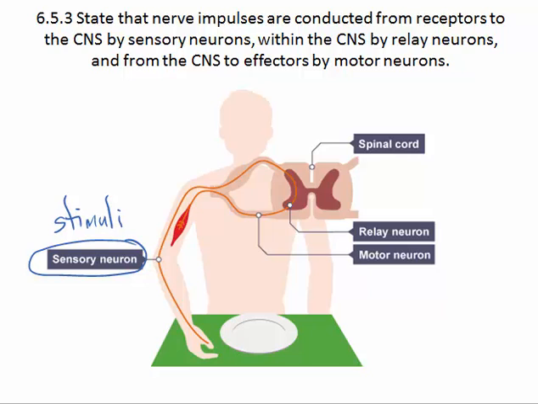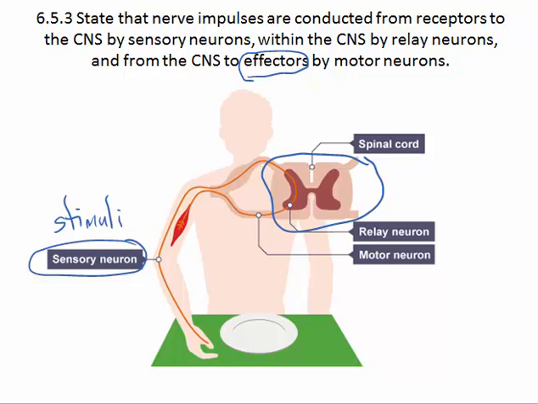That signal is being sent back to your central nervous system, which is here in this figure. And there are neurons that are relaying or transmitting that signal to your muscles or other effectors.